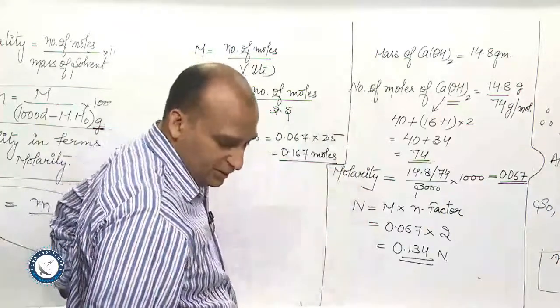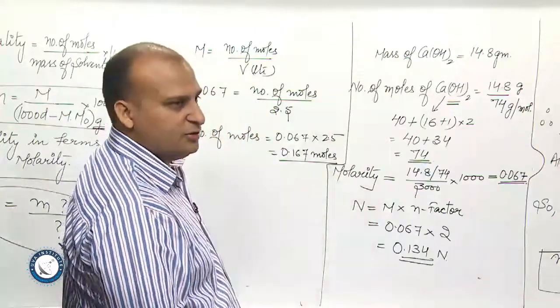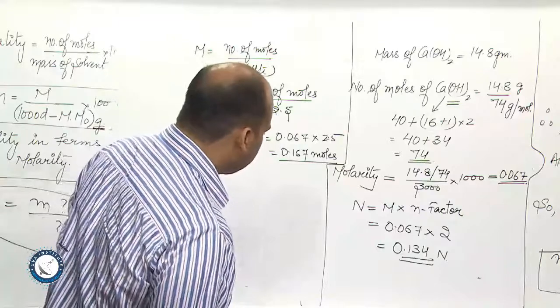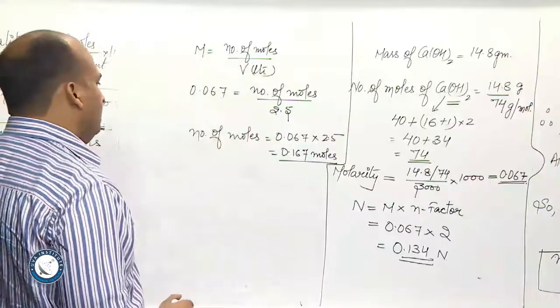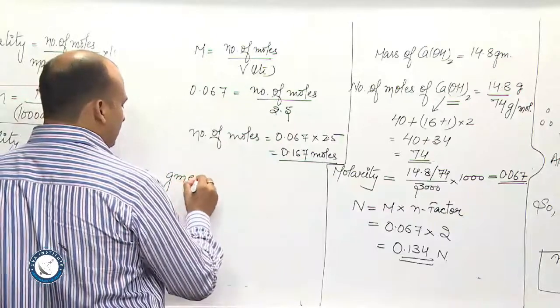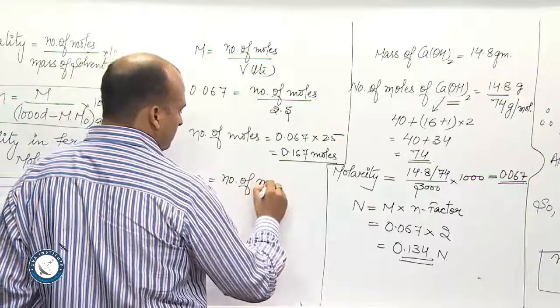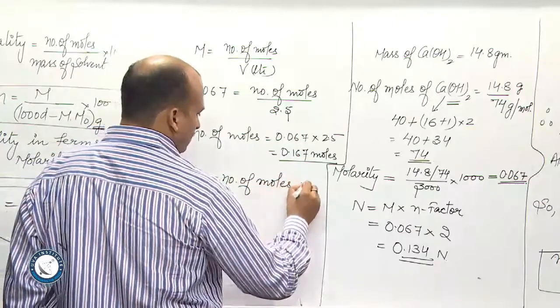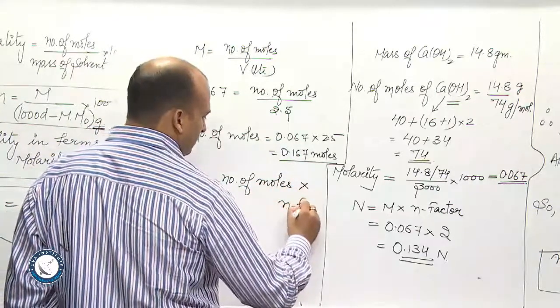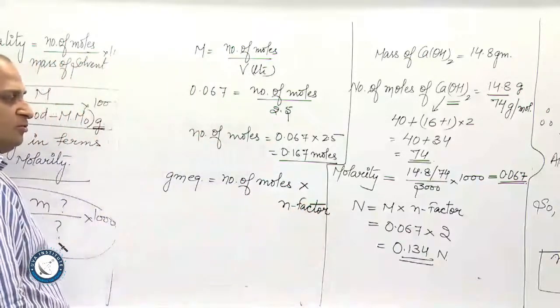Okay. Then he says gram milliequivalent contained in 1.5 liter of solution. Now you see, this is equal to number of moles into n factor, alright. Gram milliequivalent is equal to number of moles into n factor.